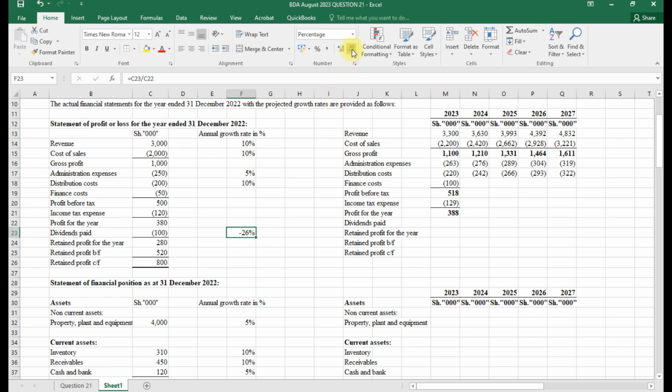If we include 2 decimals, we find it is 26.32.